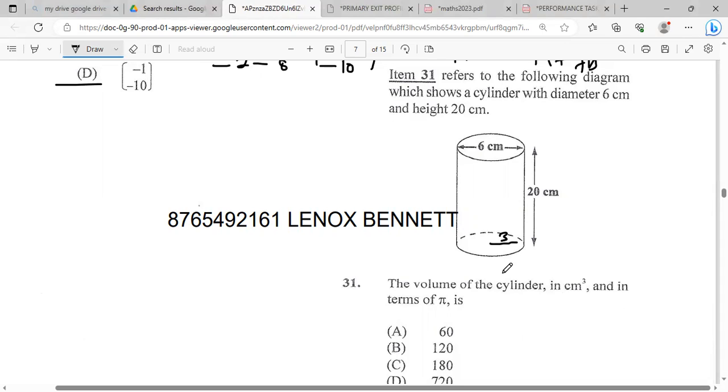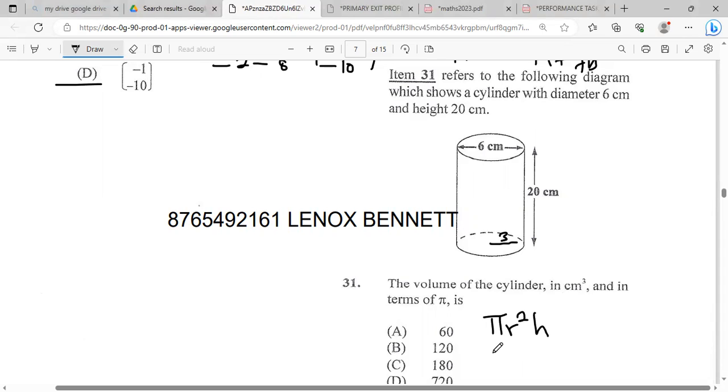They give you pi, so in terms of pi, we can leave the pi out. So it's going to be pi r squared. That's how you find the area of the circle, times the height.